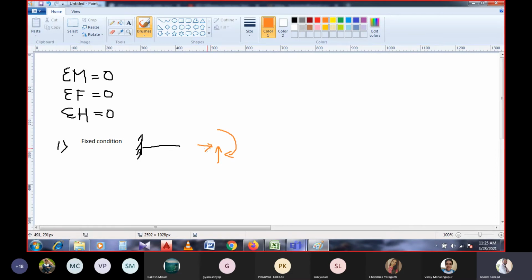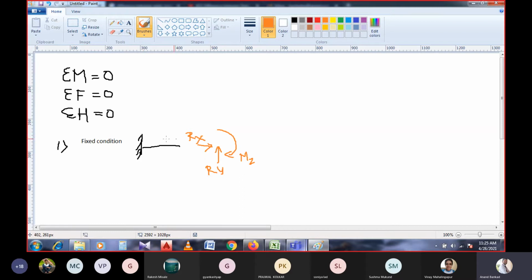That means the reaction force in the y direction, Ry, the horizontal reaction force, Rx, and the moment about the z axis. So the reaction in the x axis, the reaction in the y axis, and the moment about the z axis are all restrained, which means they are not allowed. If they are not allowed, then there will be some reaction value.